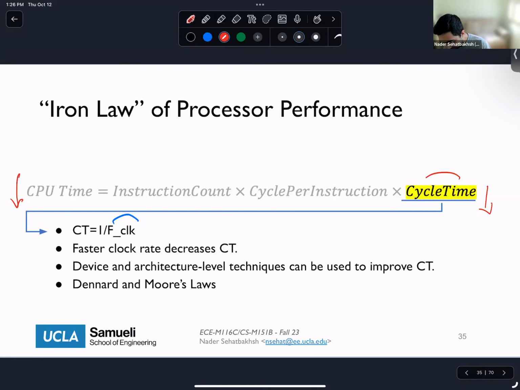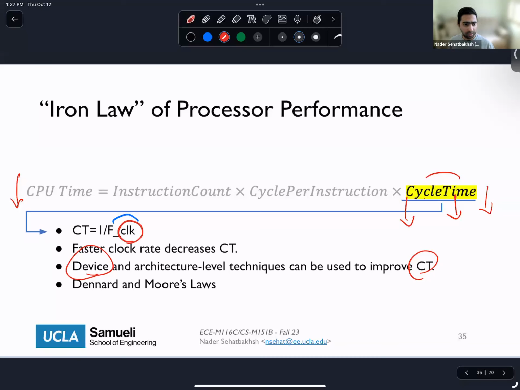And an important thing about CT, or cycle time, is that device level and architectural level improvement is the place that improves it. So remember I told you that we moved from a non-MOSFET technology to MOSFET, or we started from higher size of transistor to lower size of transistors. The impact was exactly this, that smaller and smaller generations help us to make things faster. In other words, makes the cycle time smaller.